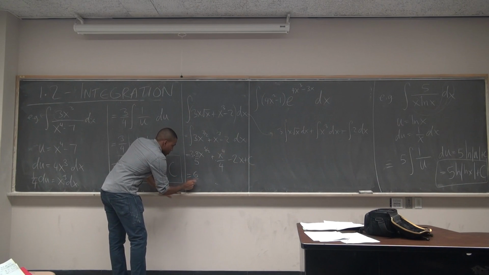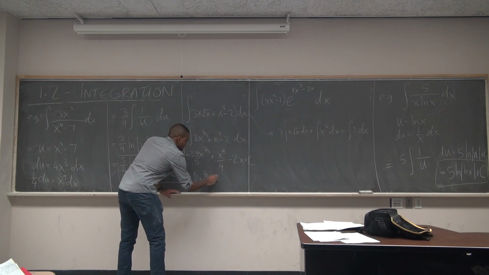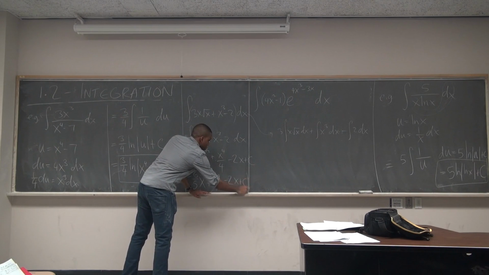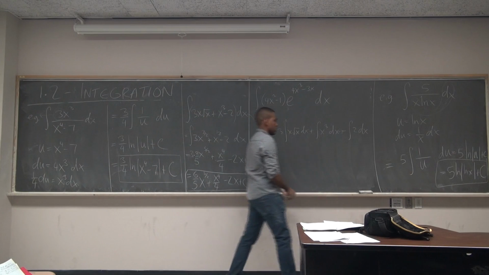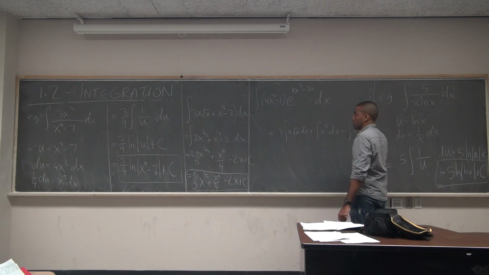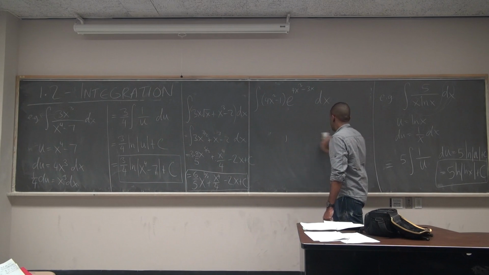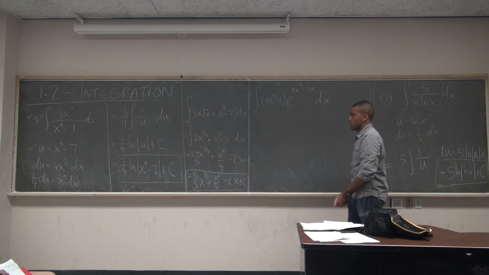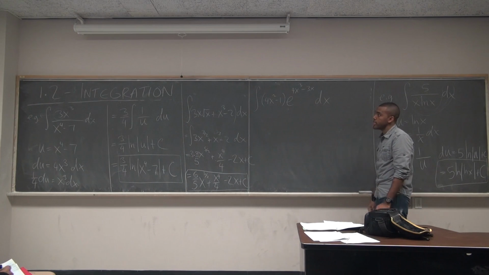So this is 6 over 5 x to the 5 over 2 plus x to the 4 over 4 minus 2x plus c. So that looks scary, but it was really a basic rule in disguise. You didn't need a substitution.